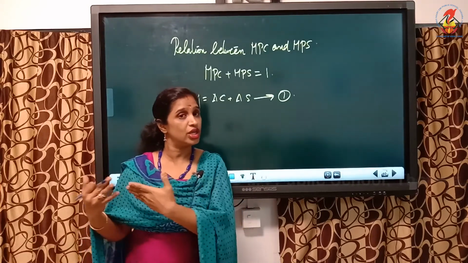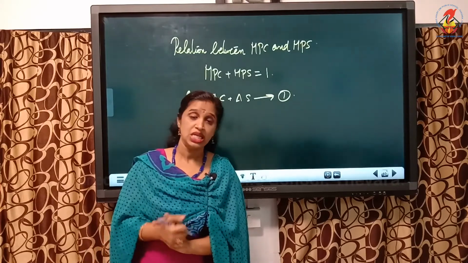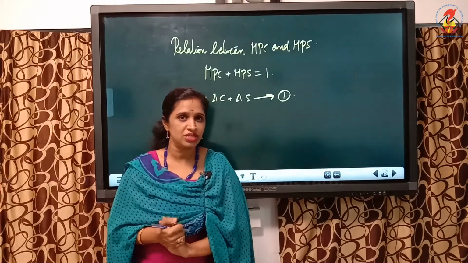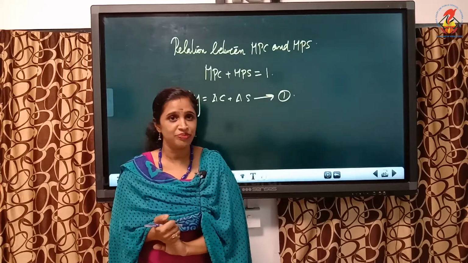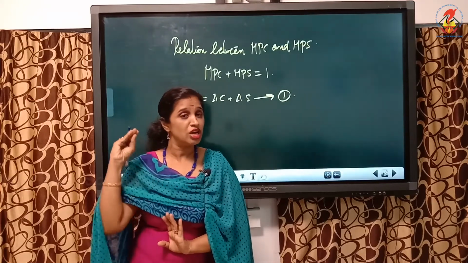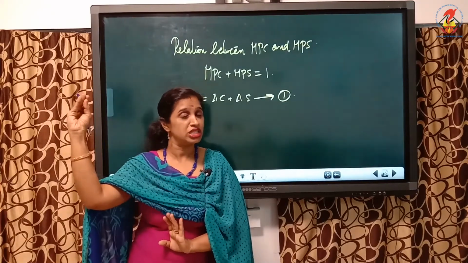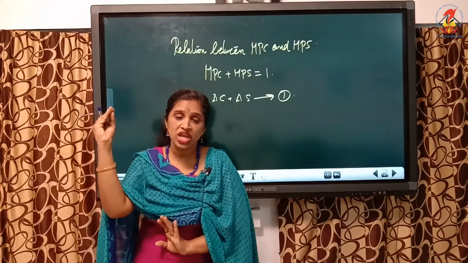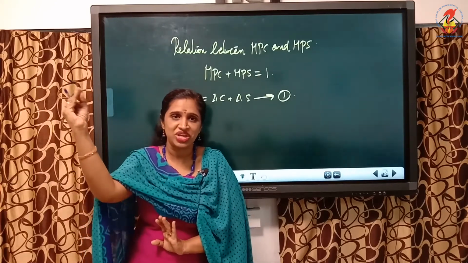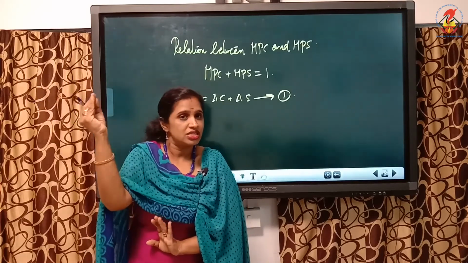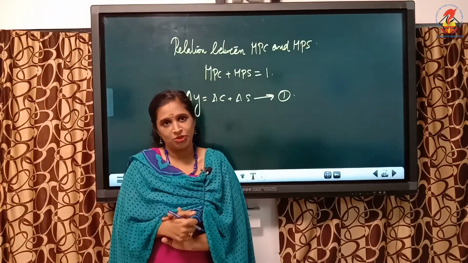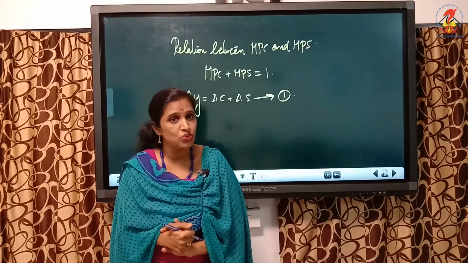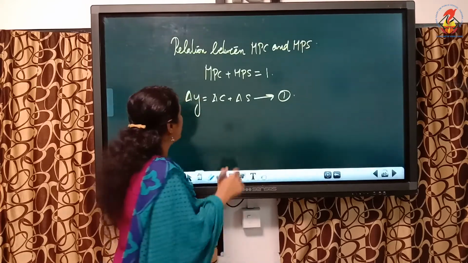Therefore, y is equal to C plus S. But y is equal to C plus S is not the required one here, because marginal propensity to consume and marginal propensity to save always speak about the ratio of change in consumption to a change in the income, change in saving to a change in the income. Therefore, we have to use the equation in a different way.